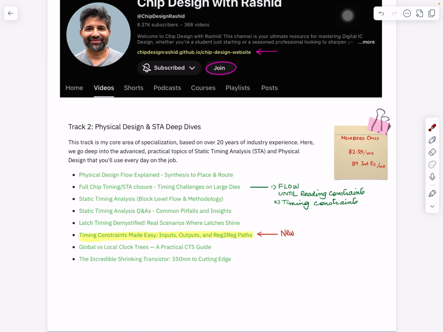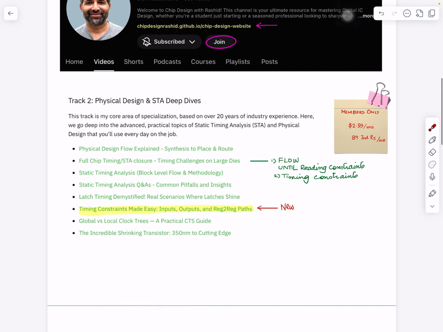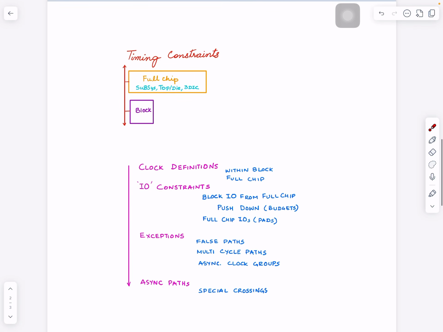But then there were requests on the basics of those. So here is what I'm thinking right now: I create this playlist or series where I go through all the timing constraints. By the way, when I say timing constraints, these are the subparts of that.